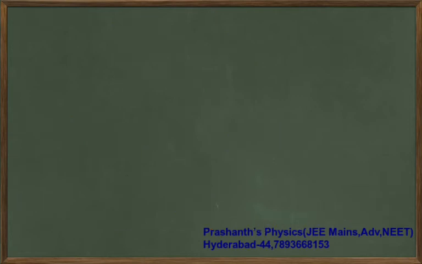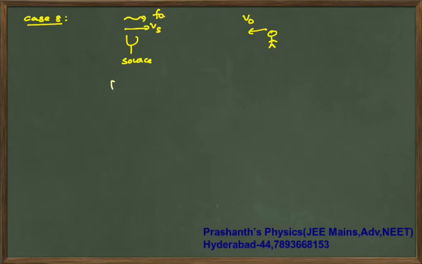Case 8. Your source and listener both move towards each other. This produces a frequency F naught. Now, what is your apparent frequency?